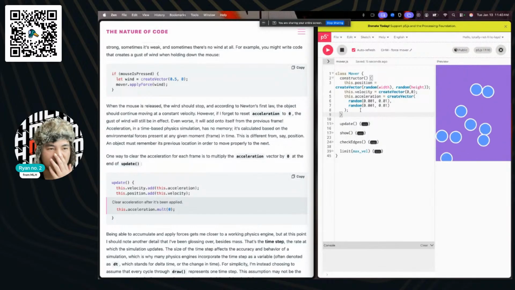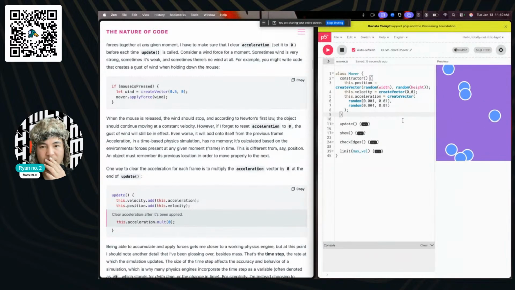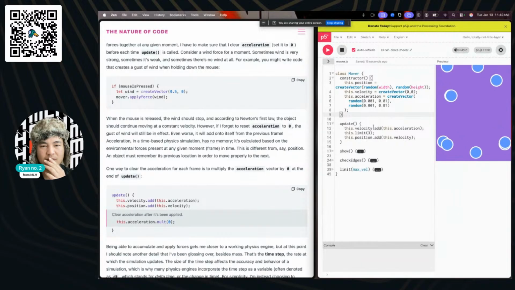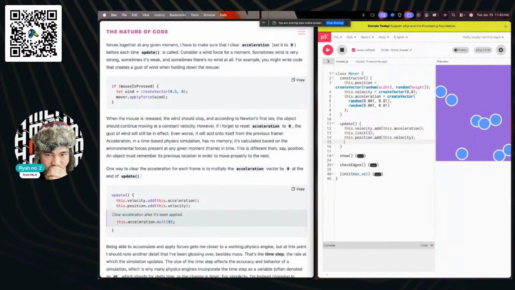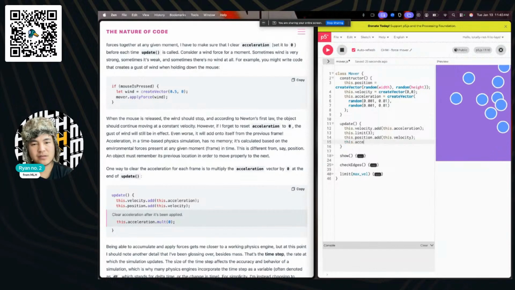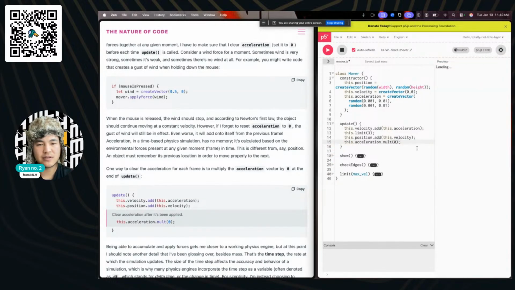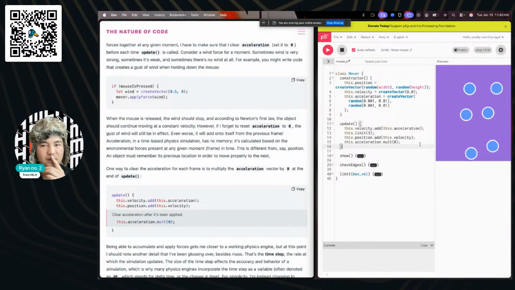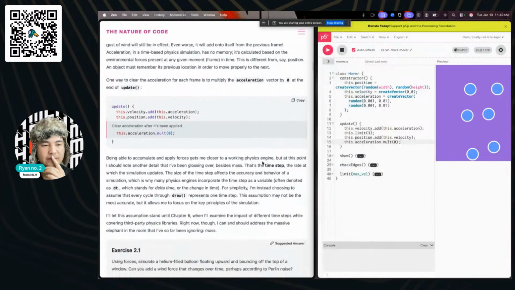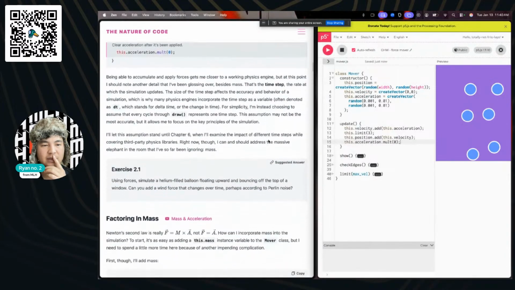Update is fine for now. And then, actually, no, we've updated our update function. Let's add this.acceleration.mult(0) so that it eventually stops accelerating. this.velocity.add(this.acceleration). Okay, that looks pretty good after it's been applied.